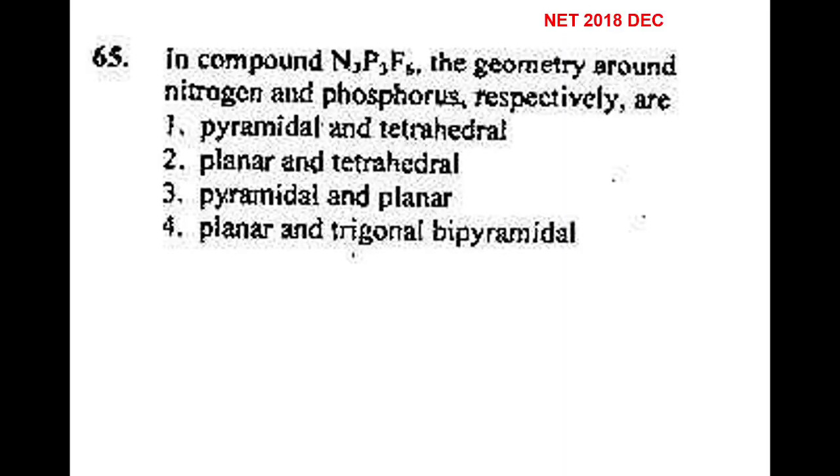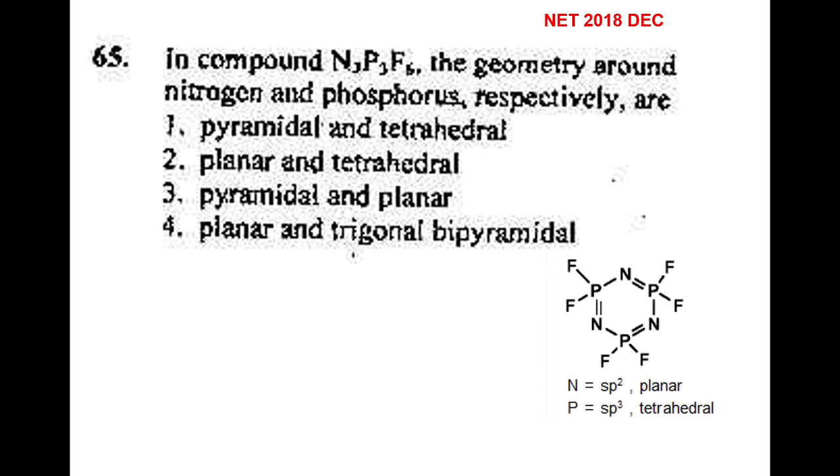In compound N3P3F6, the geometry around nitrogen and phosphorus respectively are... This is an old question, talking about this molecule. If you look at it, this is the structure of N3P3F6. With respect to N, there are 2 bond pair, 1 lone pair, so hybridization sp2, and this is planar.